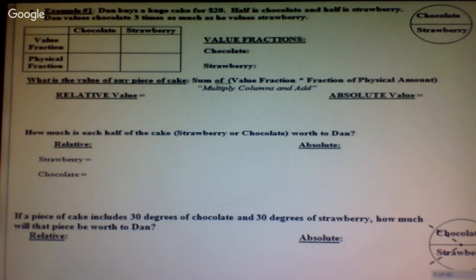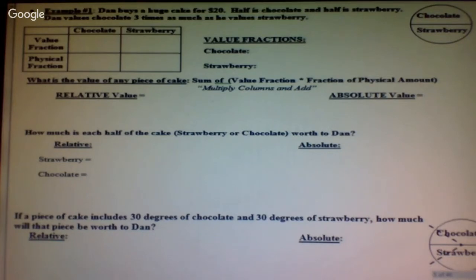Okay. So, when we do this, we talk about value fractions, how you feel about it, and physical fractions, what is there. So, Dan's buying this huge cake for $20. Half of his cake is chocolate, half is strawberry. Dan values chocolate 3 times as much as he values strawberry.